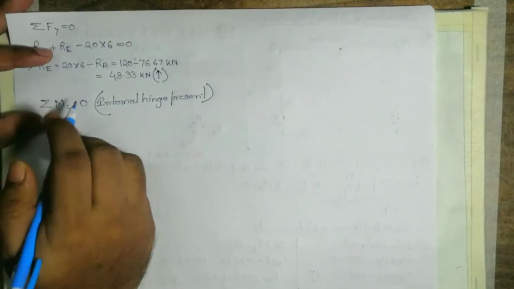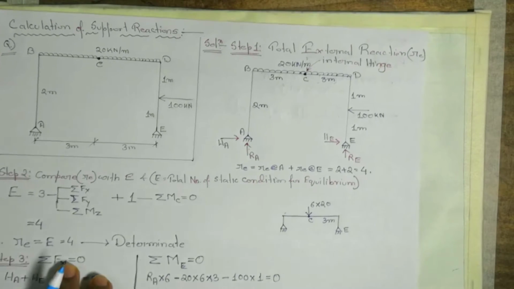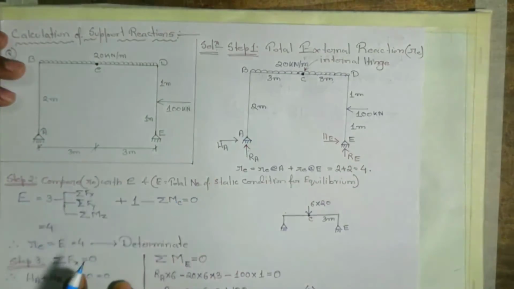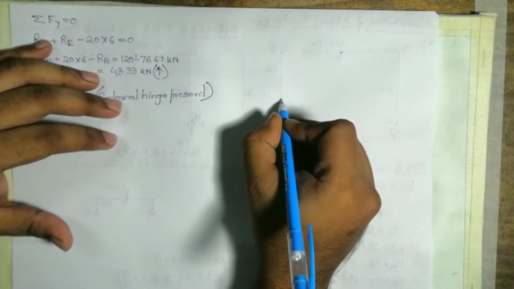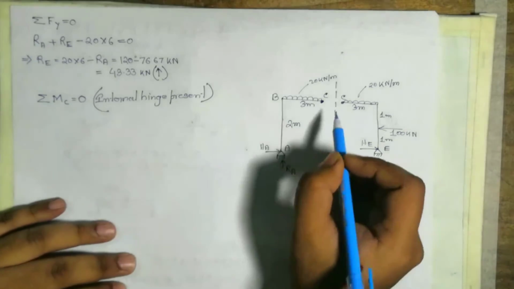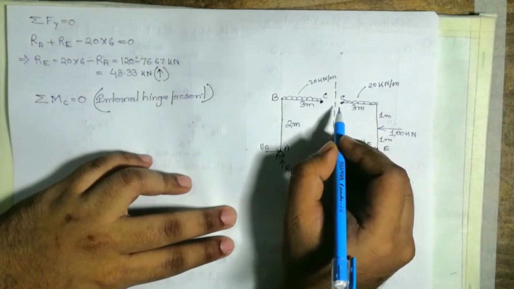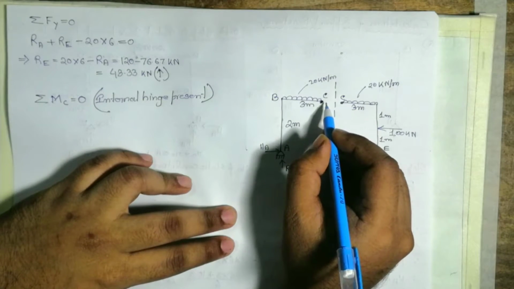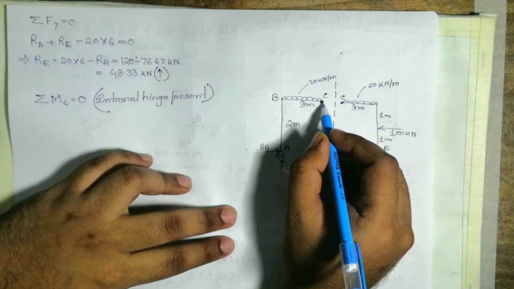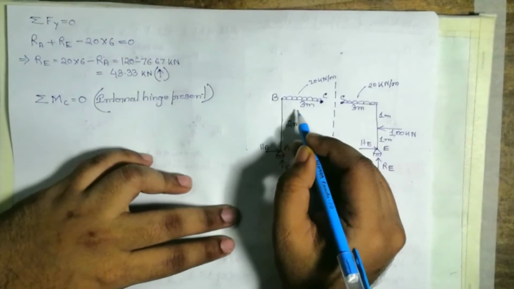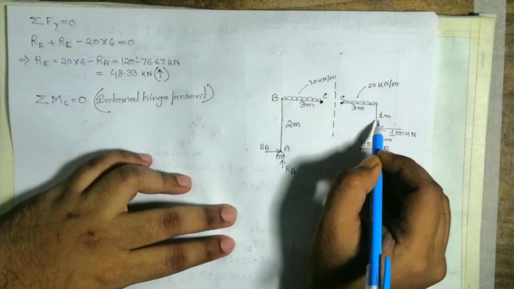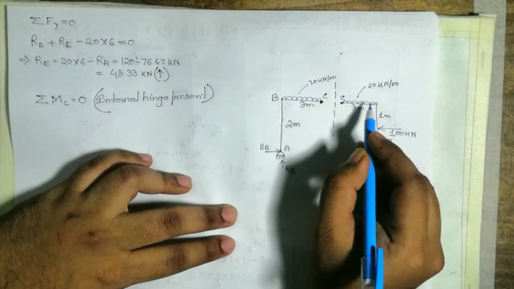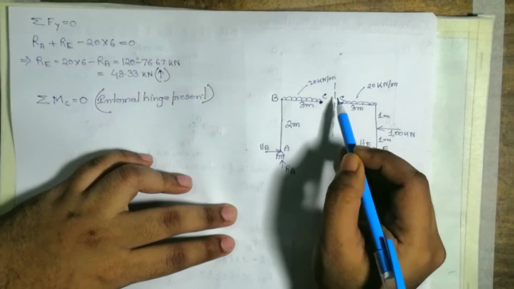So now we are going to consider moment about point C. Since an internal hinge is present, we can divide the structure in symmetric halves. Through this diagram we can see that since point C is an internal hinge, moment about point C for this half will equate the moment about point C for the other half. So we are only going to consider any one of the halves.